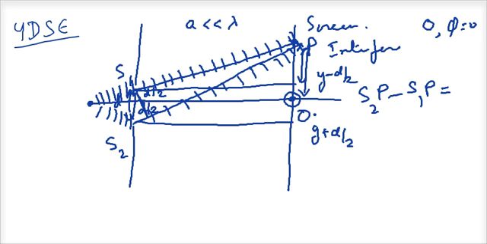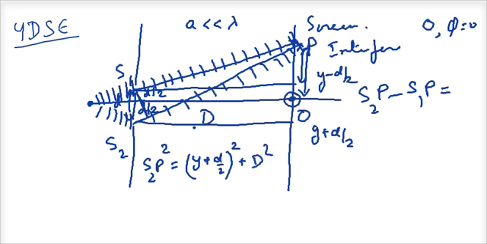So now when I work with this, I can apply Pythagoras theorem and I can say that S2P squared will become equal to (y plus d by 2) the whole squared plus capital D squared, where capital D is the distance between the slit and the screen. Similarly, S1P squared is equal to (y minus d by 2) squared plus D squared.